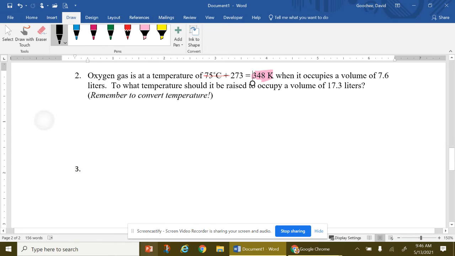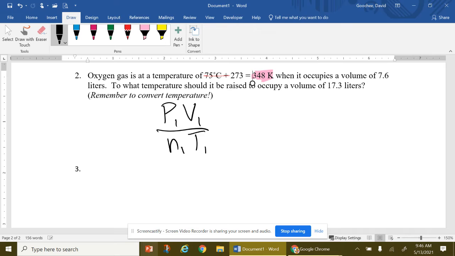So once again, there's only one equation in this entire chapter: P1 times V1 over number of moles times initial temperature equals the final pressure times the final volume divided by the final number of moles times the final temperature. Bing, bang, boom. So let's plug in what we know.